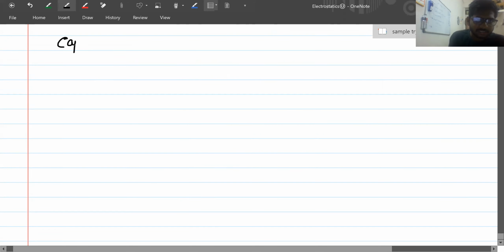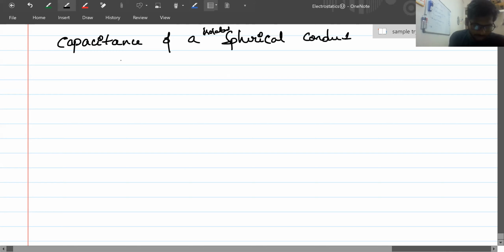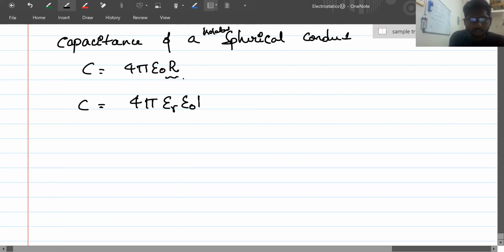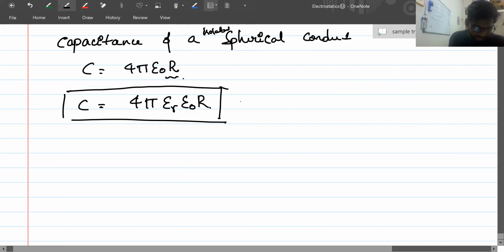Capacitance of an isolated spherical conductor: C is equal to 4 pi epsilon naught r, where r is the radius of the spherical conductor, or otherwise C is equal to 4 pi epsilon naught epsilon r times r if a dielectric material is kept in between. If it is in air, you can use C equals 4 pi epsilon naught r.